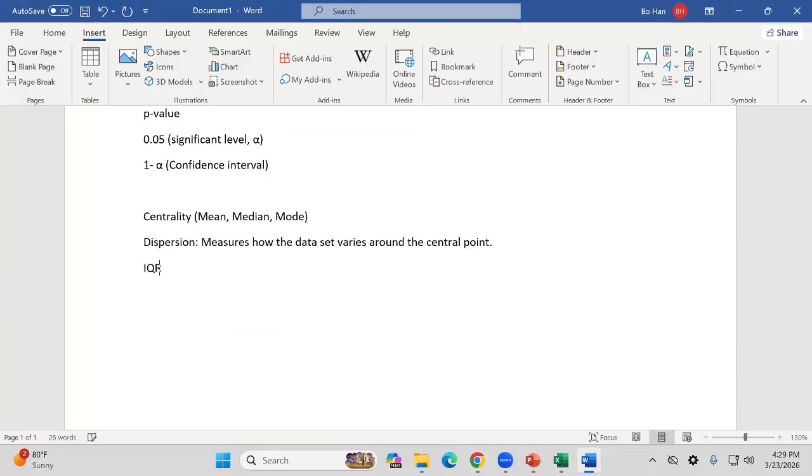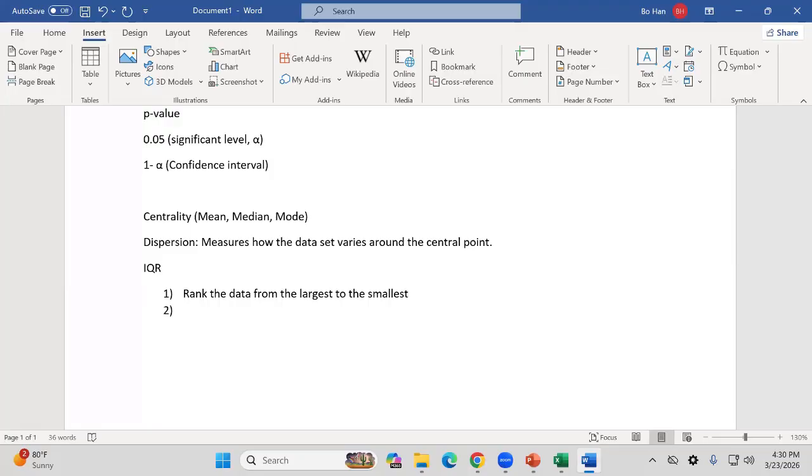So when we calculate IQR, it's a range. First, we need to rank the data from the largest to the smallest. You can do it the other way around, but as I said, for this class we always rank the data from the largest to the smallest, right?